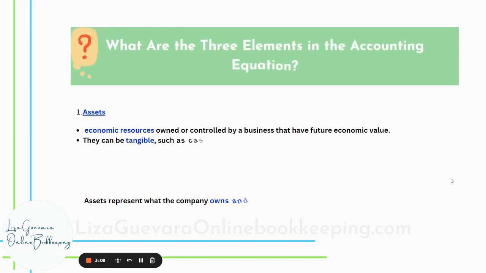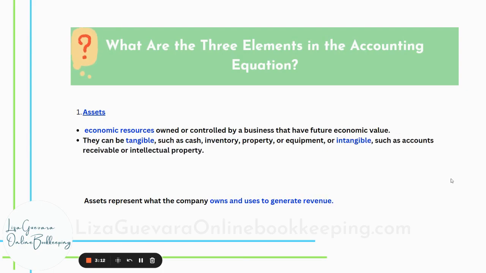So what are the three elements in the accounting equation? We have said that the accounting equation is composed of assets, liabilities, and capital. Assets are the economic resources owned or controlled by a business that have future economic value. They can be tangible or intangible.